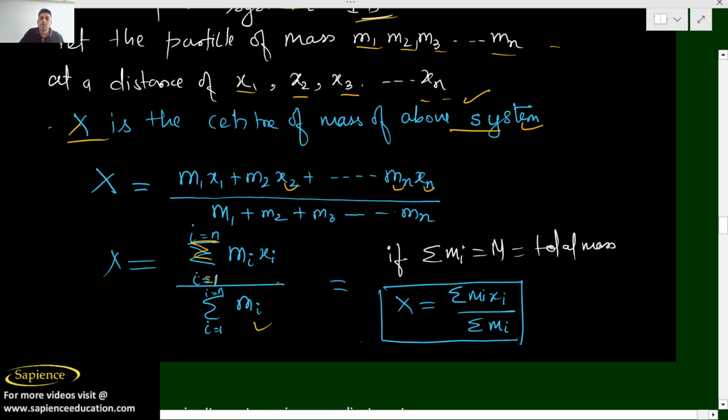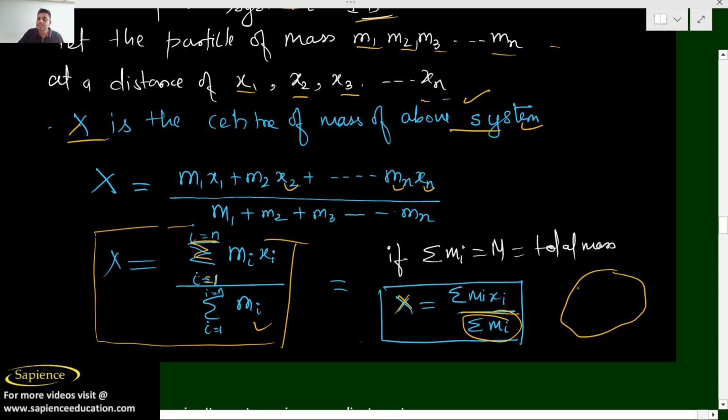So finally you have got this formula, and you will be able to find x like this. Here you know that the summation of mi is the total mass of the system.